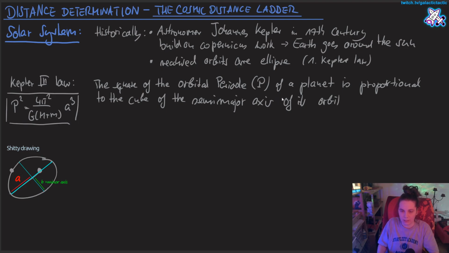And the semi-major axis, which is A. Okay, this is A.